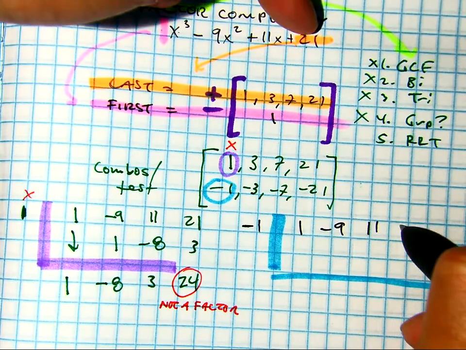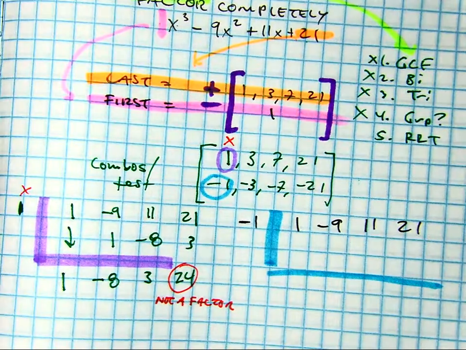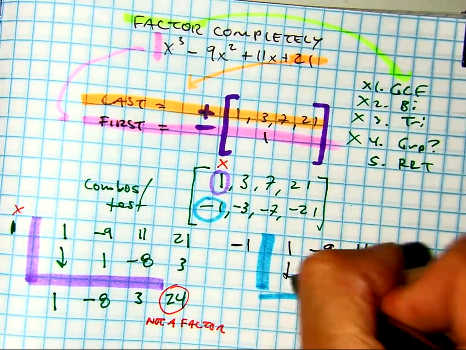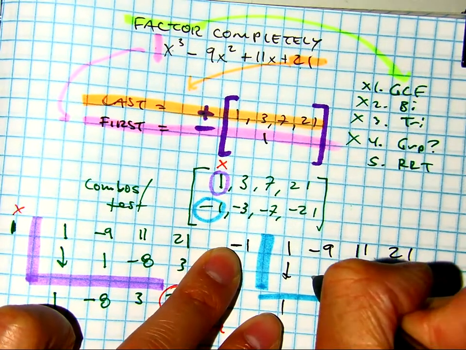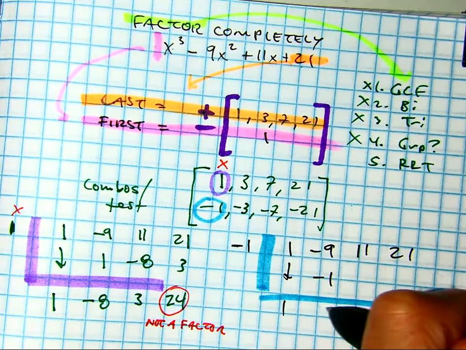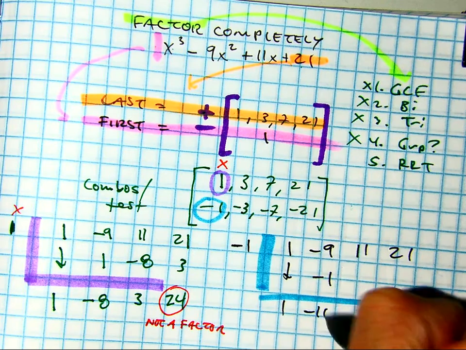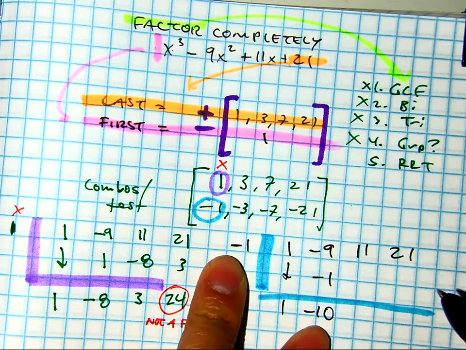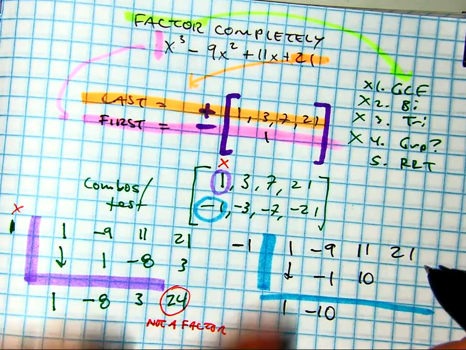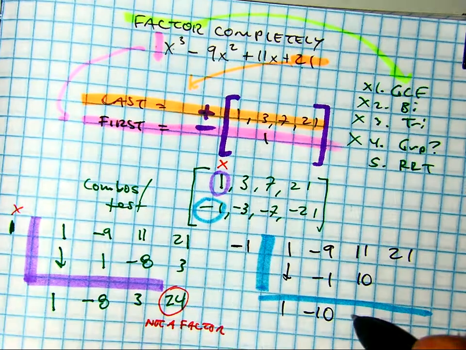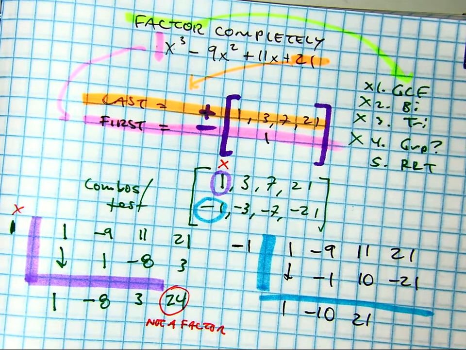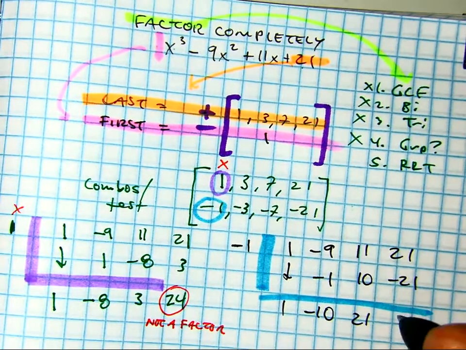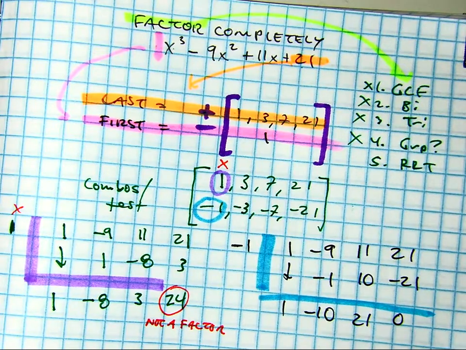Multiply. Add. Multiply. Add. Multiply. Add. By the factor theorem, what does that tell us? -1 is a factor.